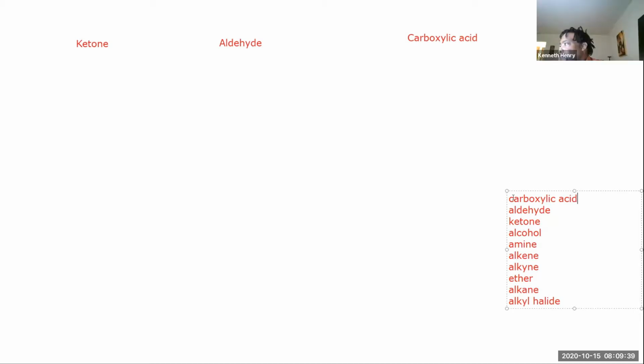And carboxylic acids are at the very top. There's some other ones that we're not going to talk about right now. I'm going to save those for later. These should give you enough to do some nomenclature with the things that we're going to be working with. So let's talk about the ketone.